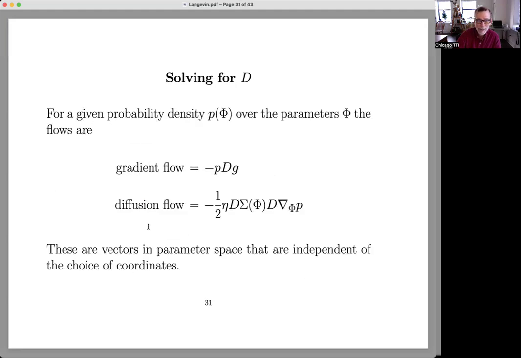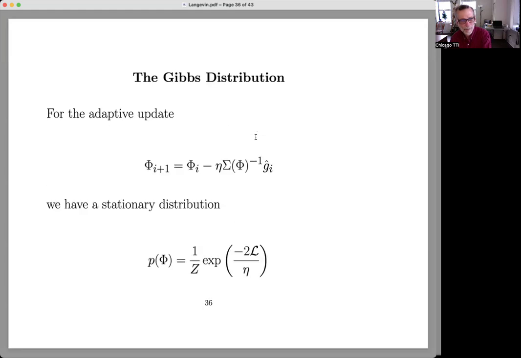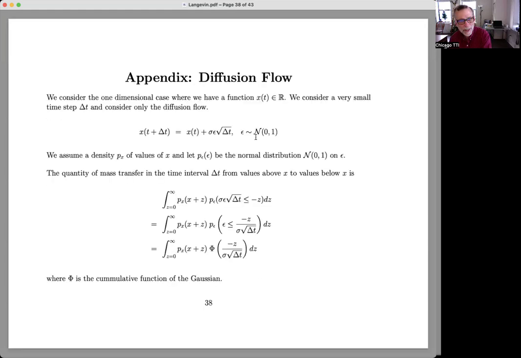What I've done is I've said, if I let this be the inverse of the covariance matrix of the noise, then this form will give me a Gibbs distribution with one temperature, the same temperature in all dimensions. And you can argue that that's a desirable property. And the slides have a bunch of very complicated derivations of the flows I claimed.